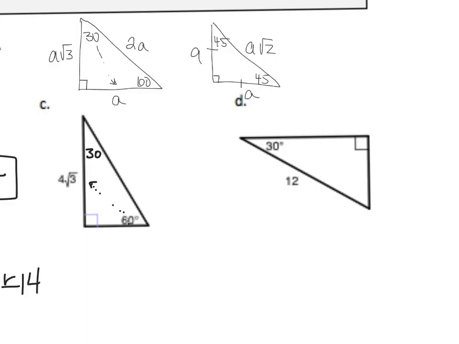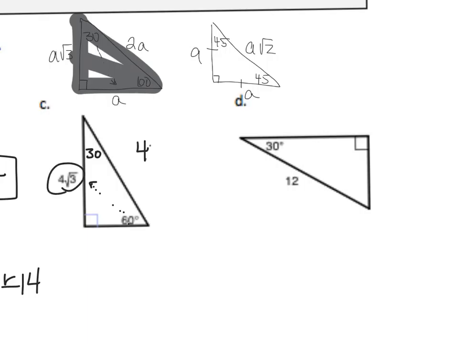So in the picture that I drew for you, the side that's across from the 60-degree angle is the A root 3. So 4 root 3 equals A root 3. That's the ratio that it will always follow. So to solve for A, I'm going to divide by root 3. Root 3's cancel here, and they cancel here.